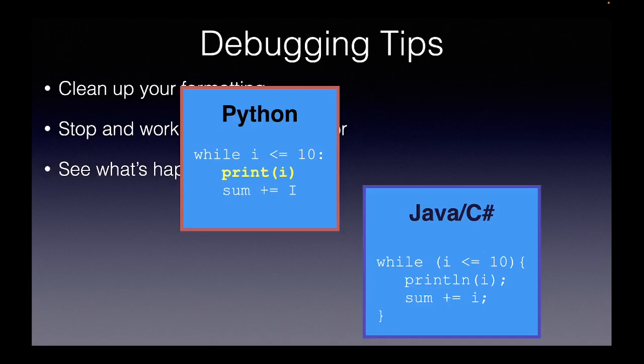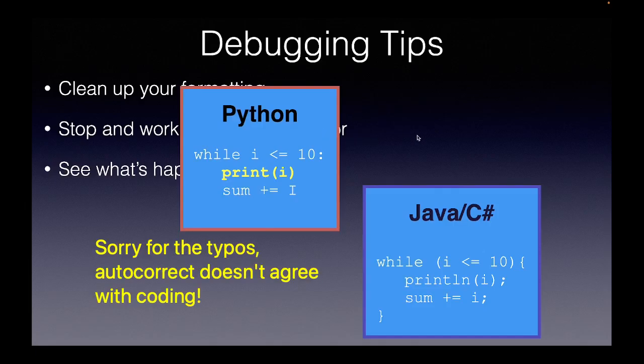These examples here show an infinite loop, right? So I run my program and it just looks like it's frozen. Nothing is happening. Well, something's going on in this loop. So if I come back and add a little print statement or a print line or write line statement, then I'm going to see that that number is just the same every single time. I have forgotten to increment my counter for my loop.